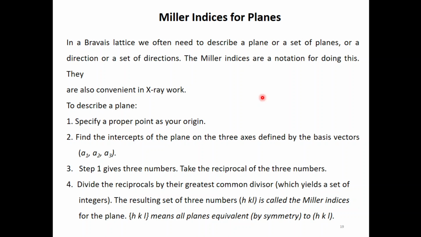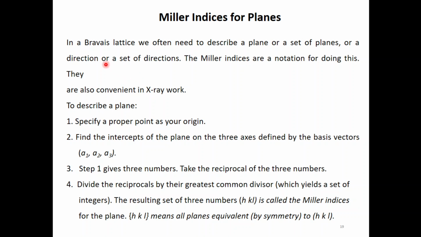Miller was a very famous crystallographer, and he succeeded to come up with certain parameters to specify, to index crystallographic planes. So to calculate Miller indices, we have a few steps that need to be discussed in here.